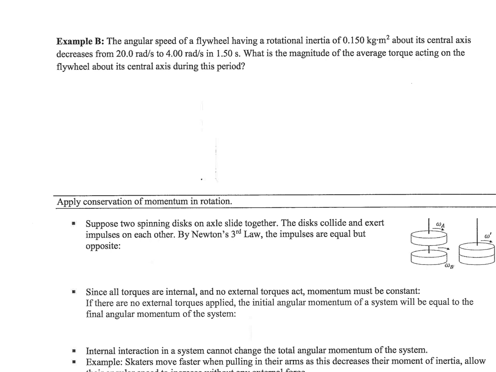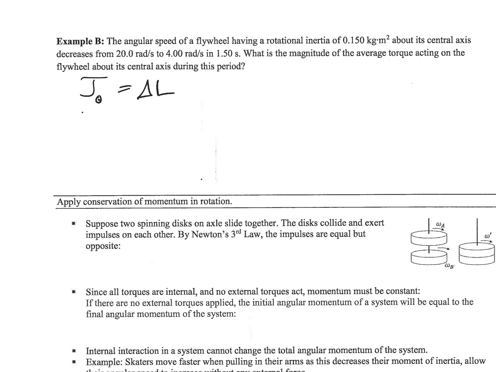Okay, so what's the magnitude of the average torque acting on the flywheel during this particular period? Okay, so we know that we are affecting a what? Impulse, actually, not change in impulse. We're doing an impulse. Impulse is change in angular momentum.